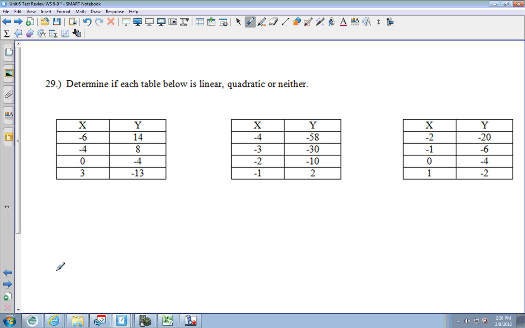The next one's, how do you know if they're linear, quadratic, or neither? Well, first off, if they're linear, delta y over delta x are the same. Now remember, we talked about if they're quadratic, the delta y's had to be the same.